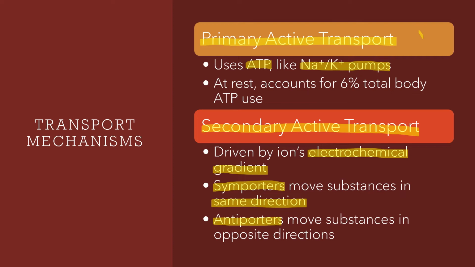And then antiporters will move two or more substances in opposite directions across a plasma membrane. We just need to remember that secondary active transport couples the movement of two separate materials. One is going to be down its electrochemical gradient, so it naturally wants to move that way, and it uses that to power the movement of another substance against its concentration gradient.